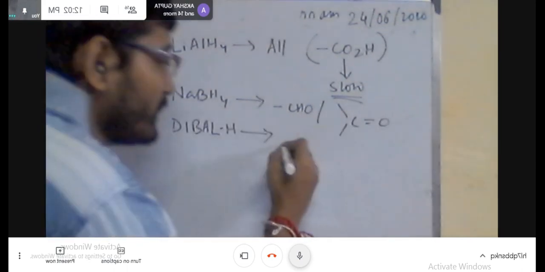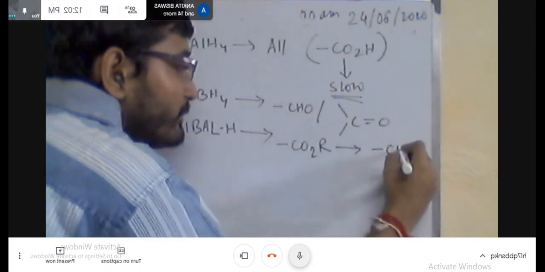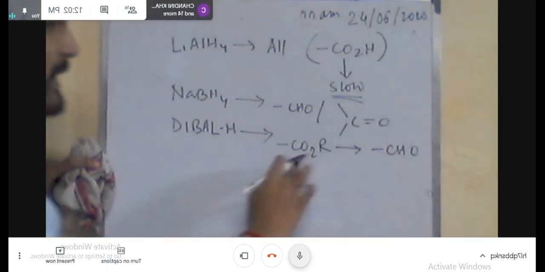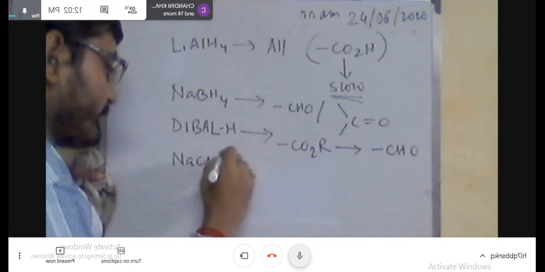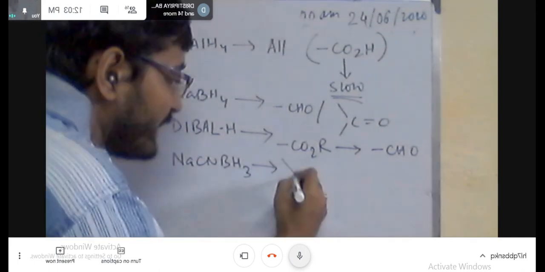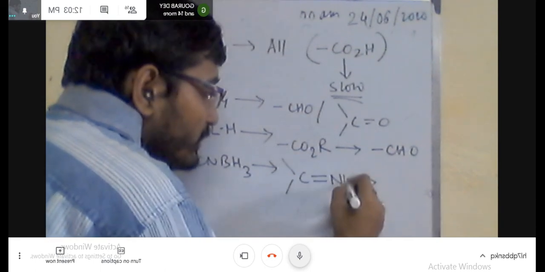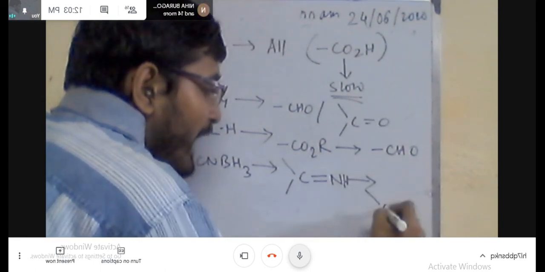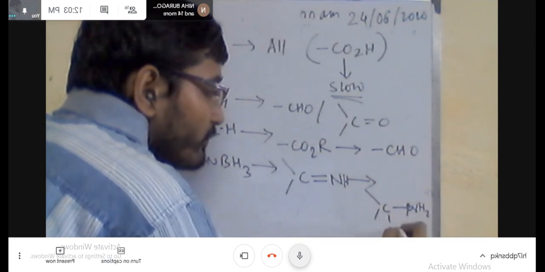And if you selectively reduce the ketone in presence of the other functional group like CHO and others, here you have to use this, which can convert this ketone to the corresponding alcohol.